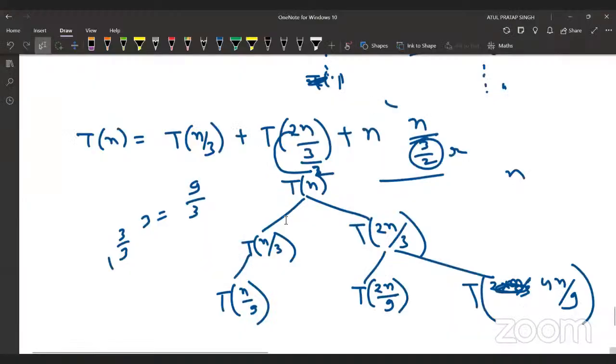Every time we call this right part, it creates the largest depth, so we consider the depth for this part only.